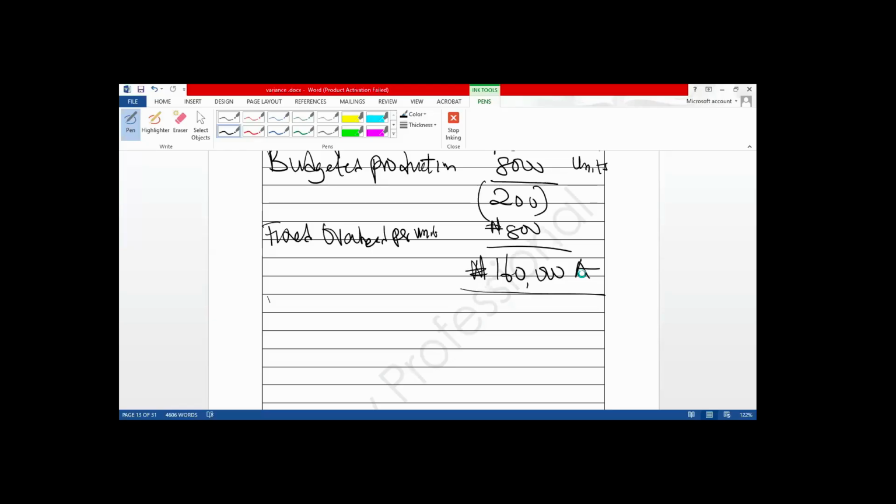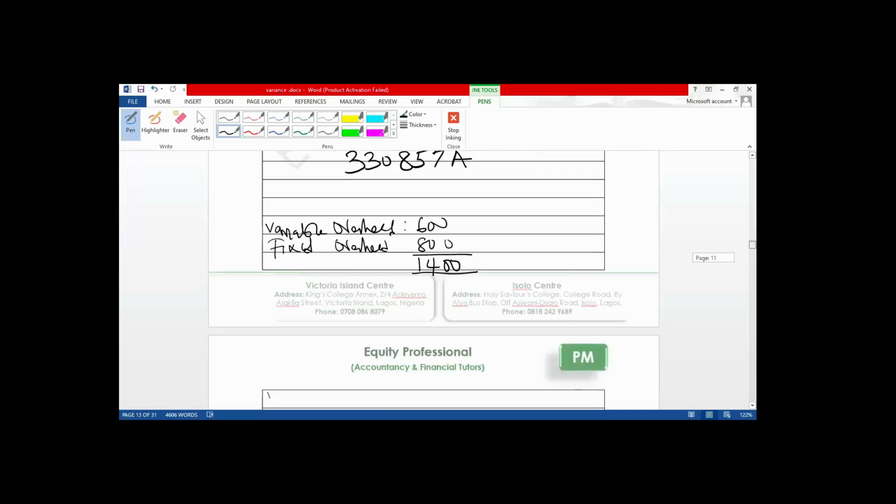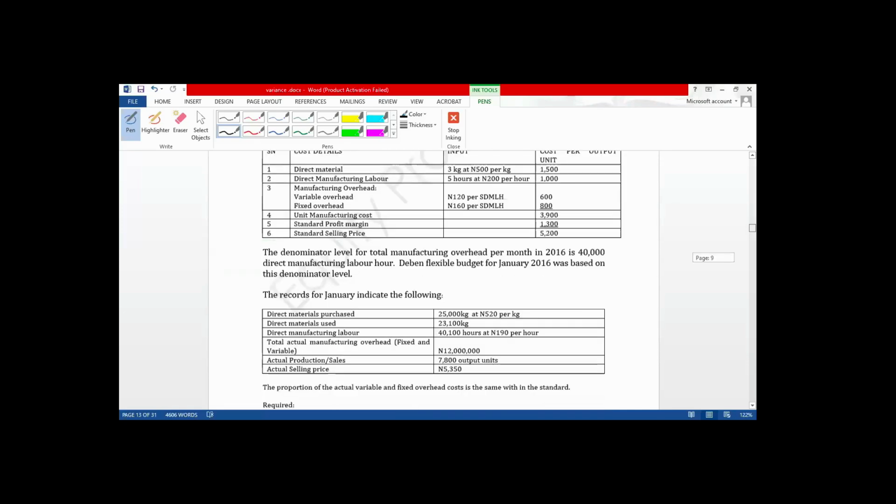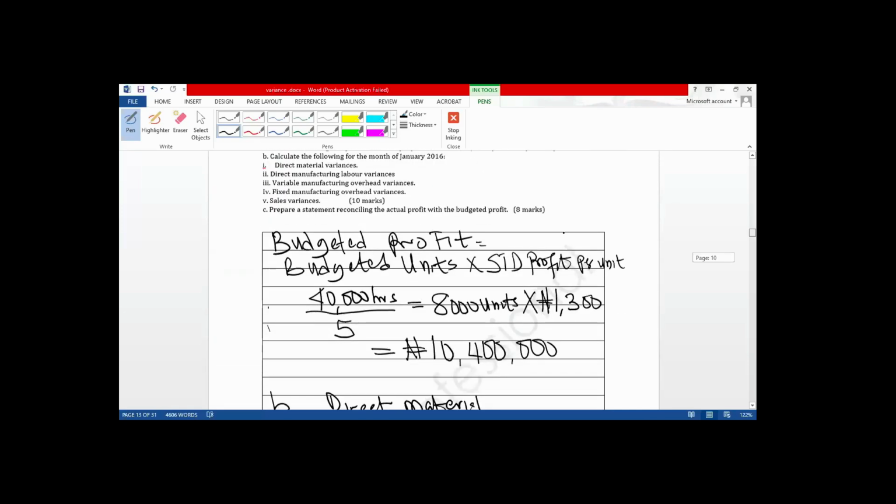Then I think we have one more. We are asked to calculate sales variances.